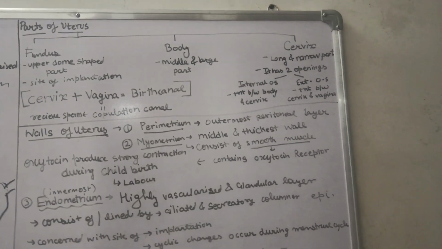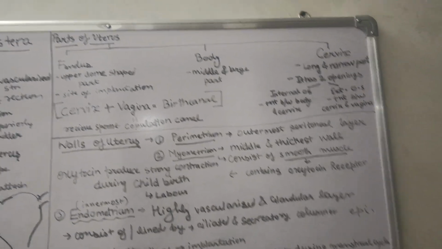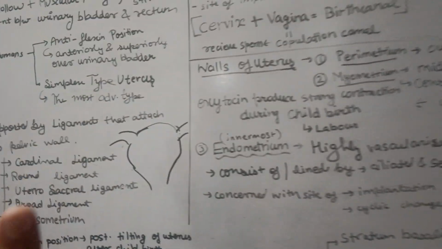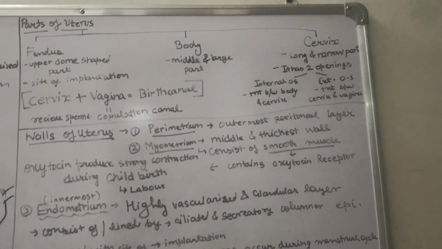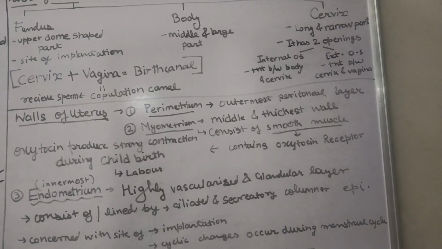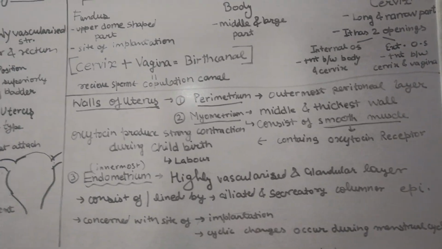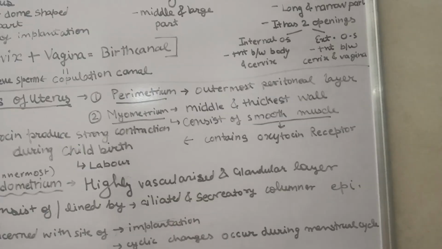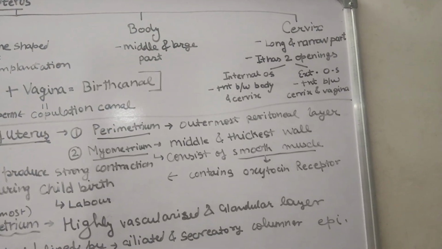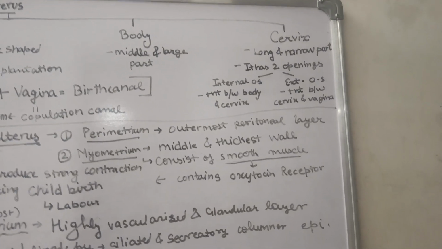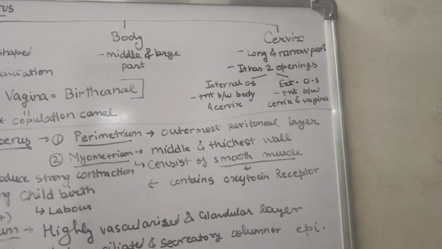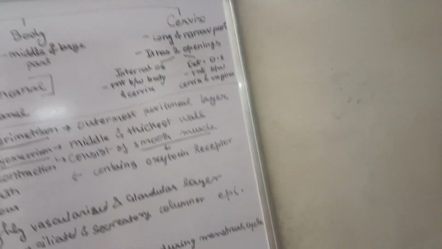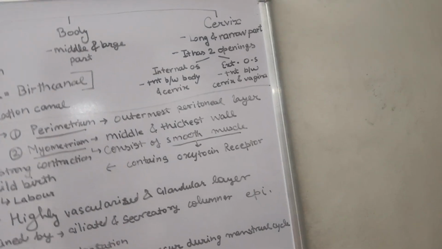Then comes the body, which is the middle and large part. Like this is the body. It's the middle part and it's a large part. And then comes the cervix. It's a long and narrow part, like it goes like this, and it has two openings: the internal os or sphincter, and the external os, which is the external opening or sphincter.